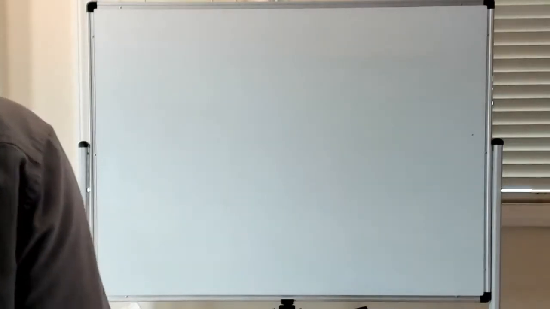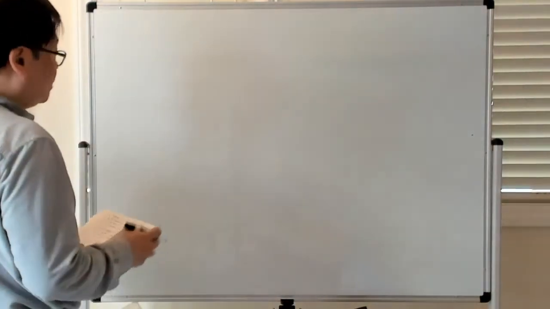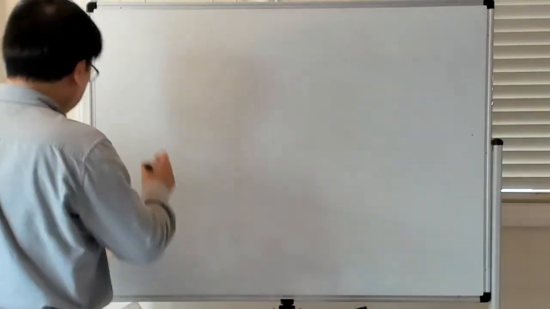Okay, so now we'll consider the Cech complex, which is a particular example of a nerve, right?